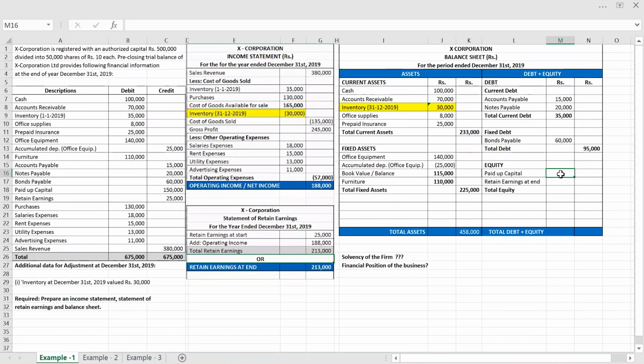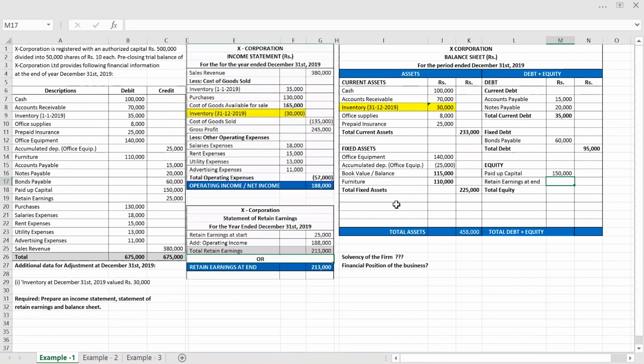Now the next part of the right hand side of the accounting equation, that is the equity part. Equity is the owner's claim in the business at the end of the accounting period. So here the owner's claim, you can see the paid up capital, the investment by the shareholders is given, that is 1,50,000. I'm just copying it from our pre-closing trial balance.